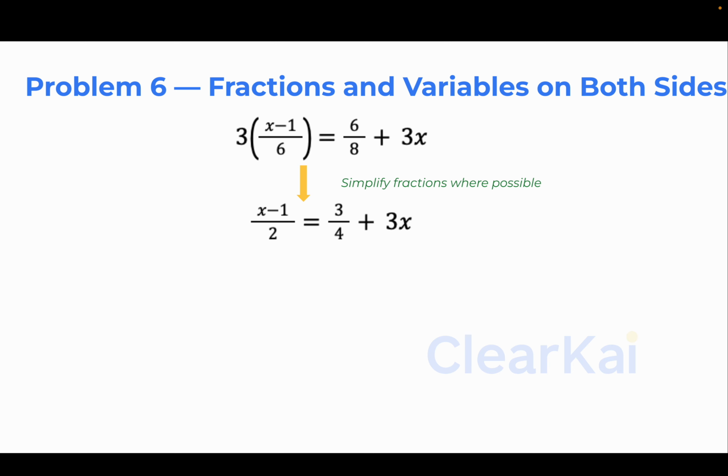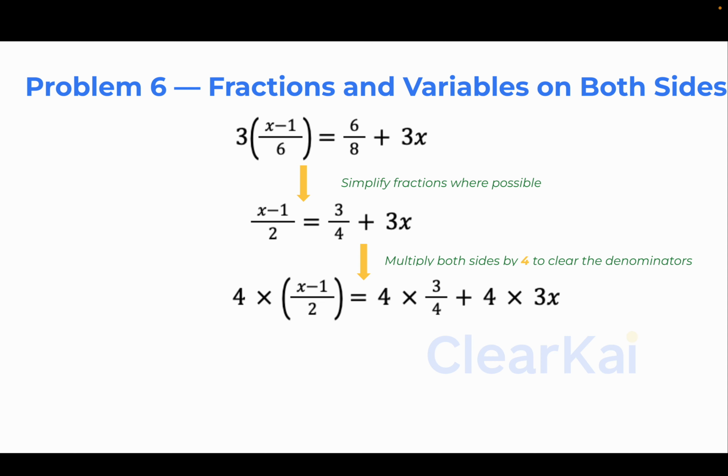Now let's clear the denominator by multiplying both sides by 4, since that's the least common denominator here. So we multiply the entire equation by 4. 4 times (x minus 1 over 2) equals 4 times 3 over 4 plus 4 times 3x. On the left, 4 divided by 2 gives us 2.